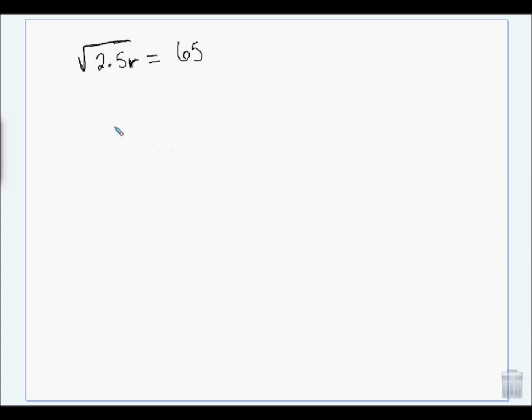So in order to solve this, I'm going to square both sides to clear the radical. So I'm going to get 2.5r is equal to 4,225.